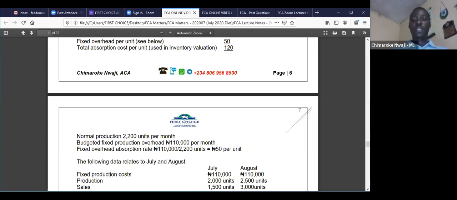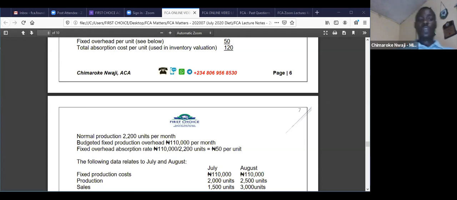So what it means is that you budgeted 110,000, you incurred 100,000. The remaining 10,000 must always be added to the 100,000, which is what is incurred.